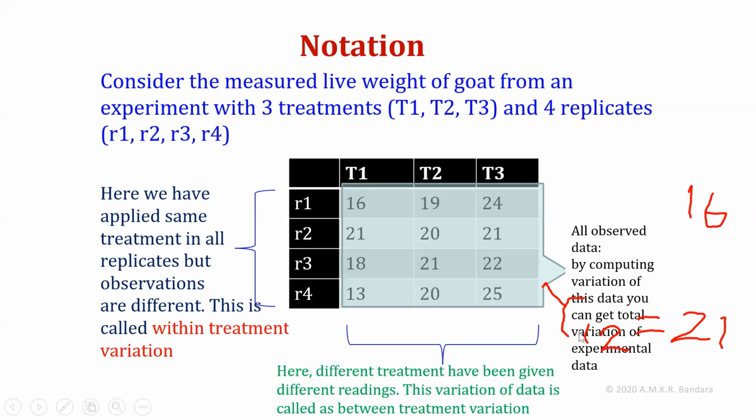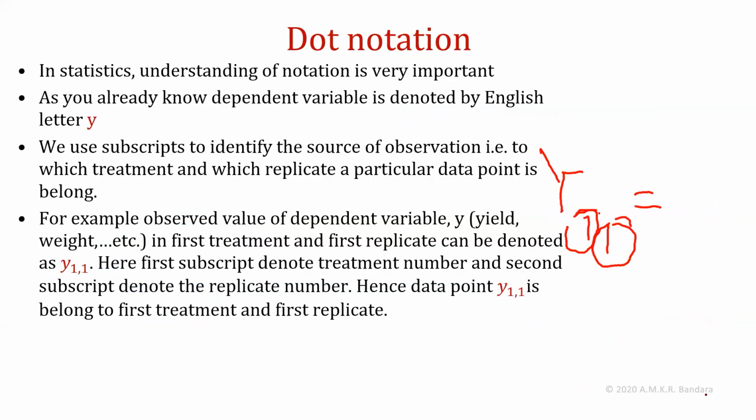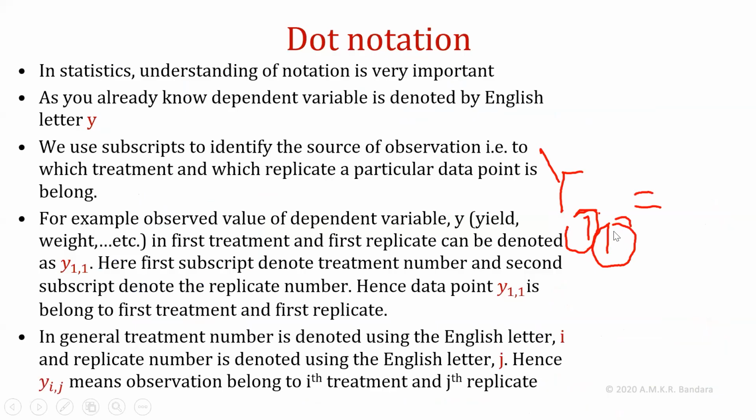Similarly, here y34 is 25. So here y11 represents that the data point belongs to the first treatment and first replicate. So any observation from this data set, I can denote as yij.